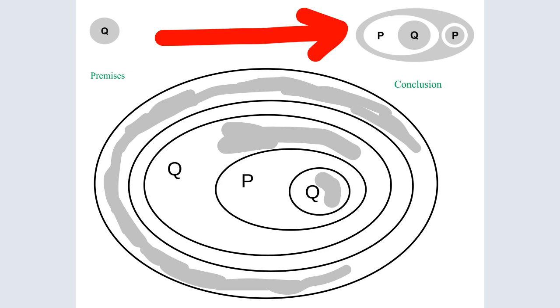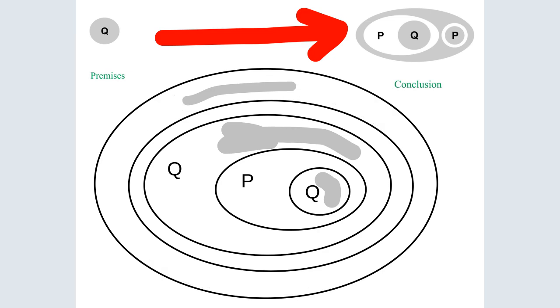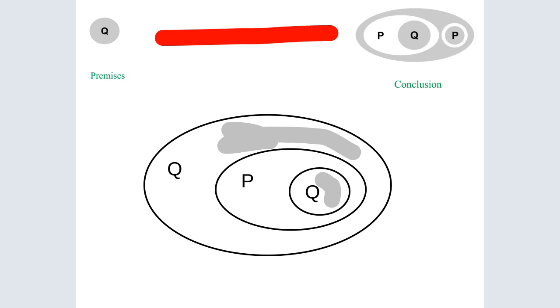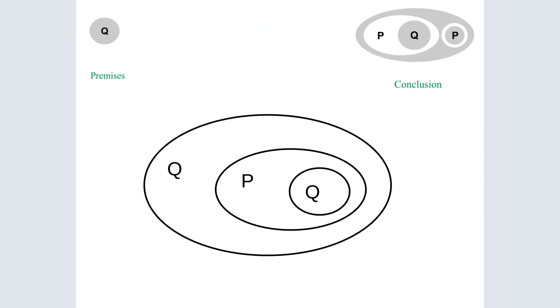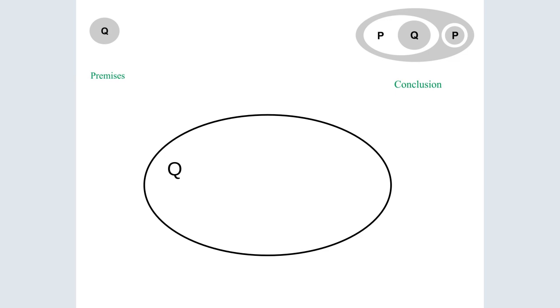Back to square one. We've given ourselves something, but it's not clear that that works. All right, so how about this? I'm going to undo, undo, undo. Sundish, do you want to jump in?